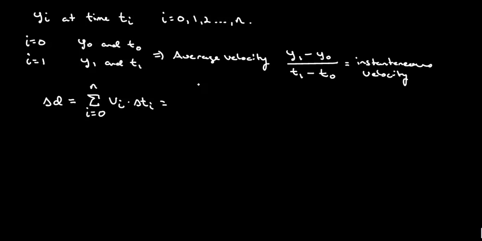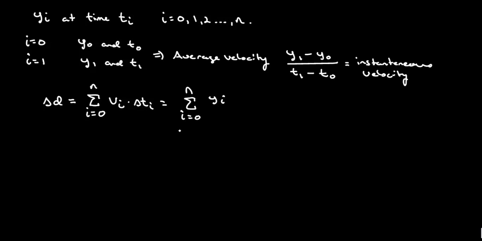Well, what is velocity? Our velocity is constant. And so this says that we've got the following. Velocity should be equal to y_{i+1}, depending on where we're going to start.